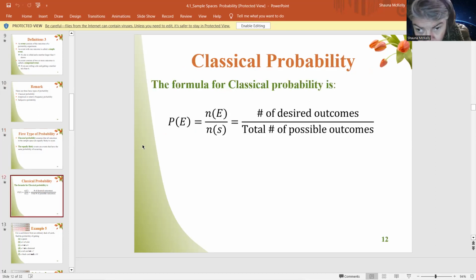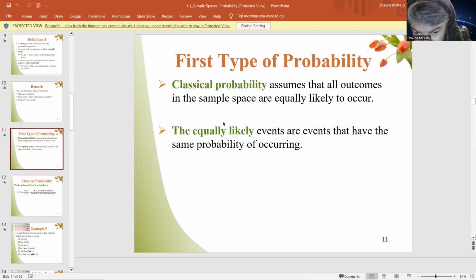So I'm looking at the number of outcomes that are part of the set that I'm interested in over the total number of possible outcomes there are. Here's my formula: the probability of the event is equal to the number of outcomes in the event space over the number of outcomes in the sample space itself.